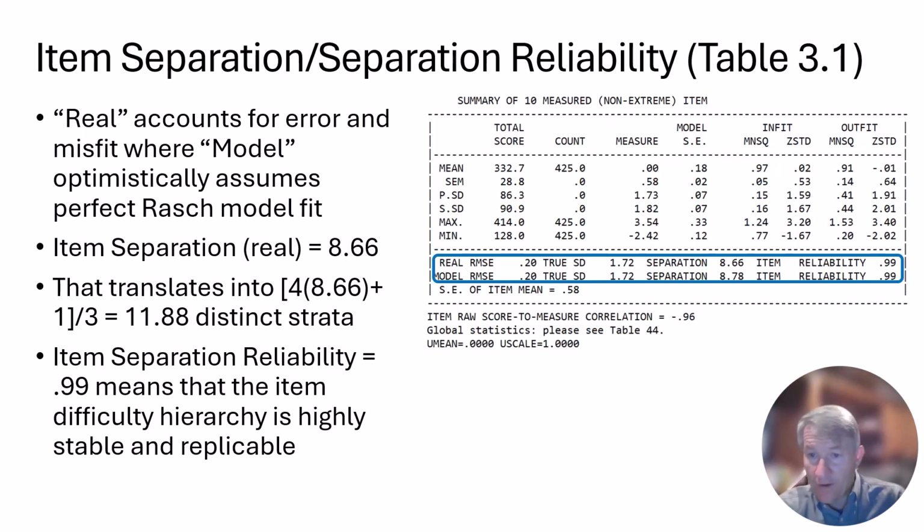And then following along to the item separation reliability, regardless of whether we're looking at the real or model row, that reliability is estimated at 0.99, which is very good. That means that this item difficulty hierarchy in these 10 items is very highly stable and is replicable. We would expect it to replicate across different samples of people.